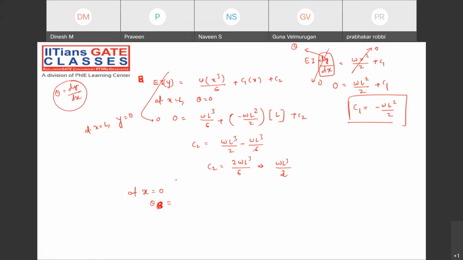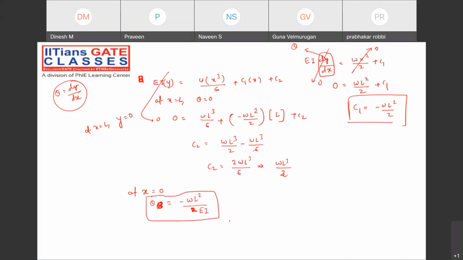Right? Now, C1 value. What is the C1 value? Minus W into L square by 2. Right? This is going to be theta B value divided by EI. Please note down, very important.